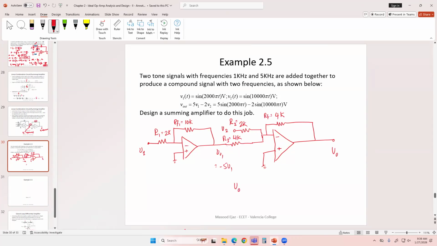So in this case, my output will be equal to negative of, let's do this first, RF over R3 times V out 1 plus RF over R2 times V2, which will give me negative of RF over R3, which is going to be, of course, 1, and V out 1 is negative 5V1.